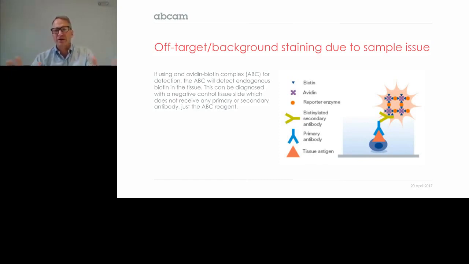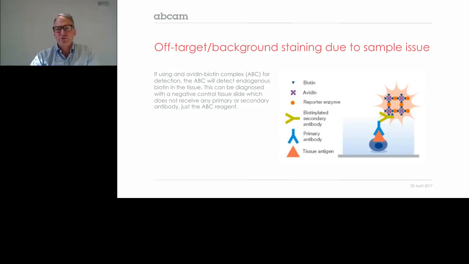So this avidin biotin complex, which has horseradish peroxidase or phosphatase attached to it. This is a detection method people use to amplify a signal. If there's endogenous biotin in the tissue, that ABC complex will stick directly to that, and create all kinds of background staining basically wherever the biotin is.